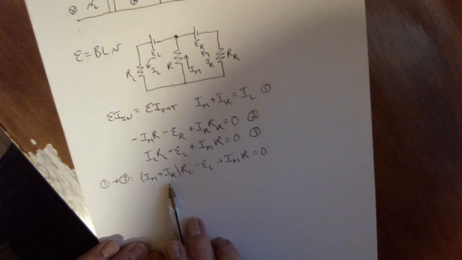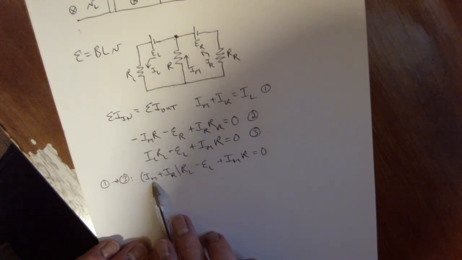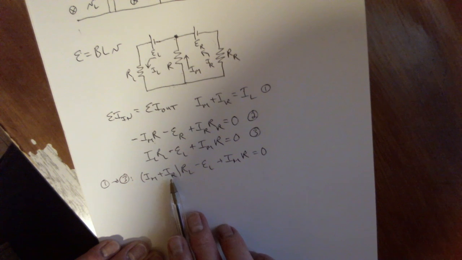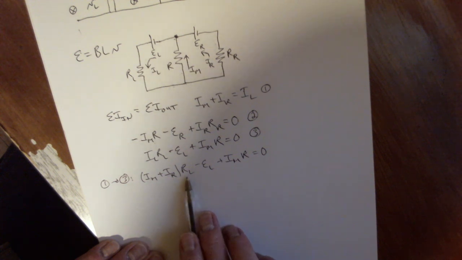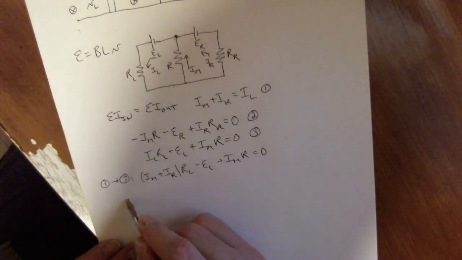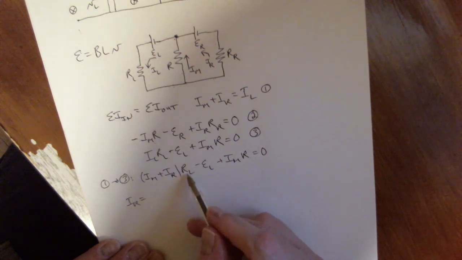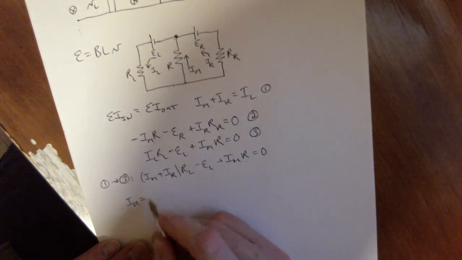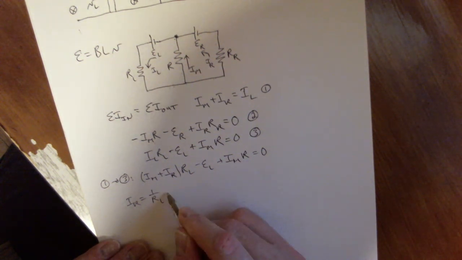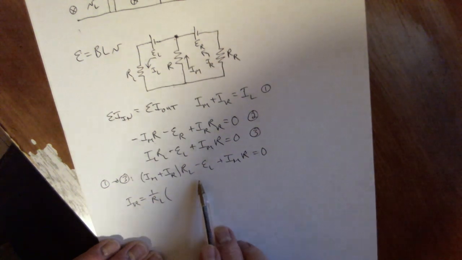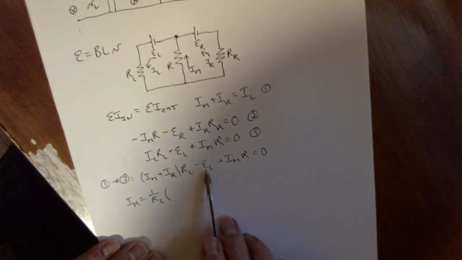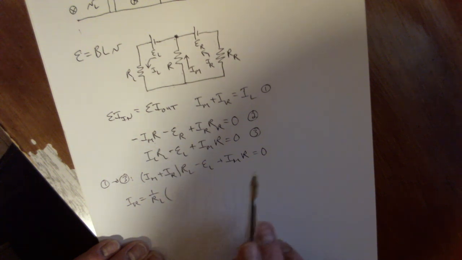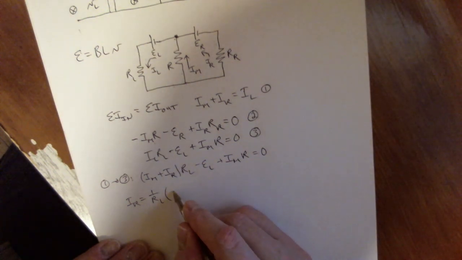And I want to solve for I right. So if I can bring everything over to the other side, which will leave just I right R left. So I'm going to wind up with I right being, when I divide by R left, I'll get a 1 over R left times everything else here brought to the right. So minus EMF left becomes plus EMF left on the right.